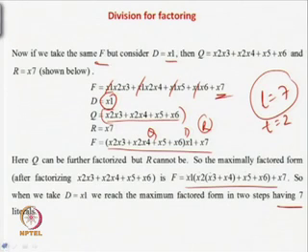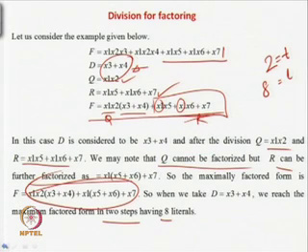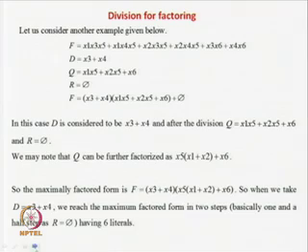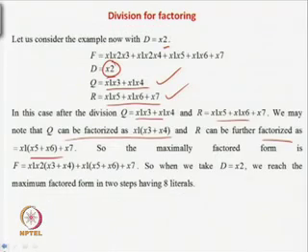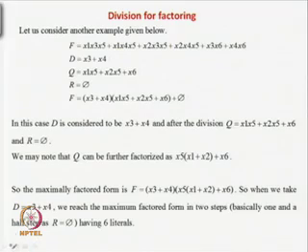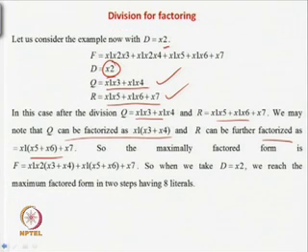In the earlier case, r could not be factored but q could be factored, and in the first stage, q could not be factored but r could be factored. So depending on the choice of this divisor, different types of situations arise: both q and r can be factored, only r can be factored, only q can be factored, and so forth.